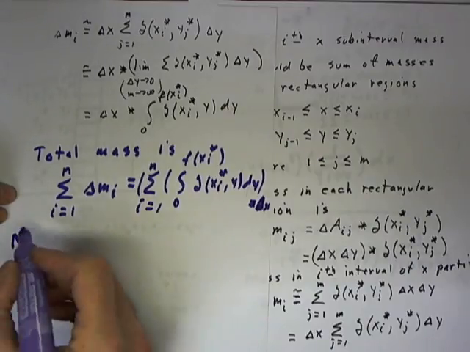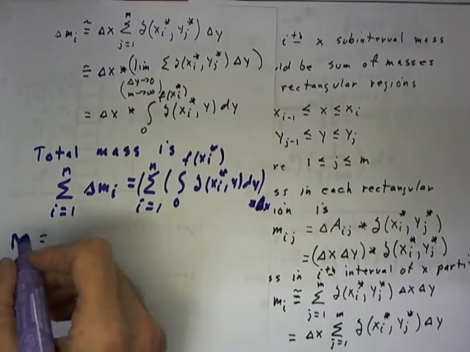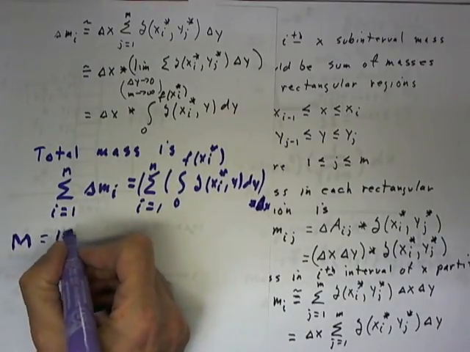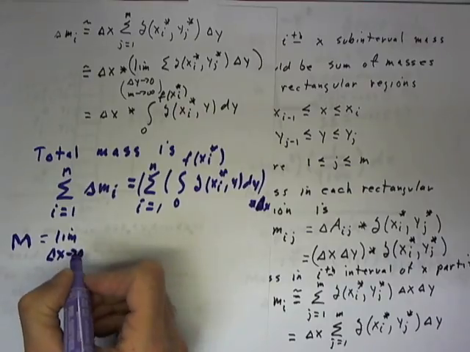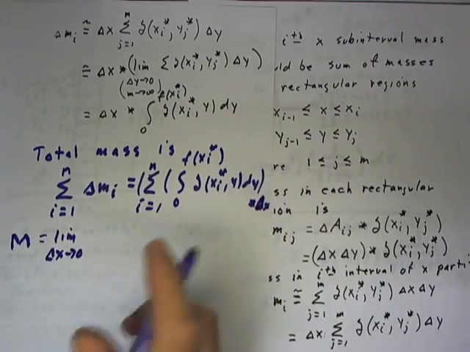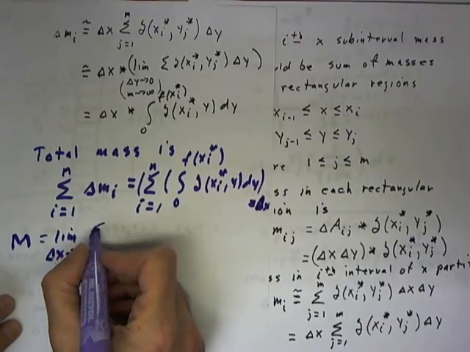Our total mass M is going to be what? It's going to be the limit as our delta x goes to 0 of this expression. Now I'll write out the expression and hopefully get the whole thing.